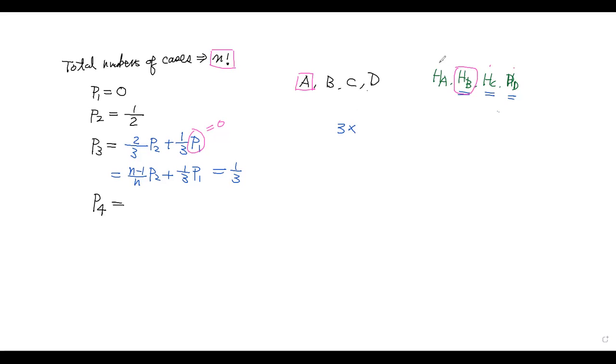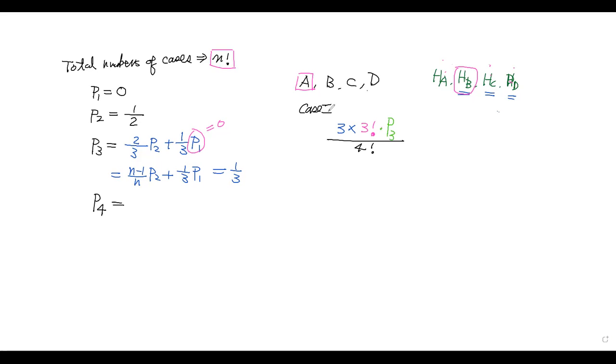The total ways you can rearrange this will be 3 factorial, correct? All these 3 will not match at all, so times 3. Then the overall total we know is 4 factorial here, right?